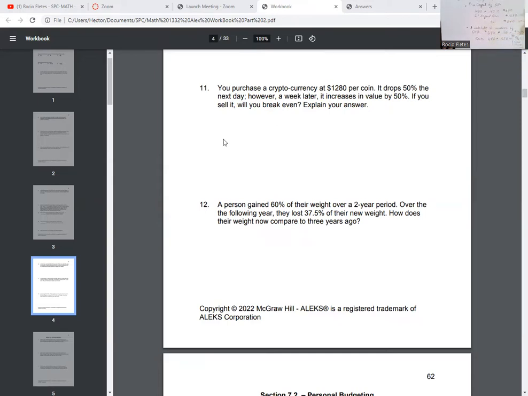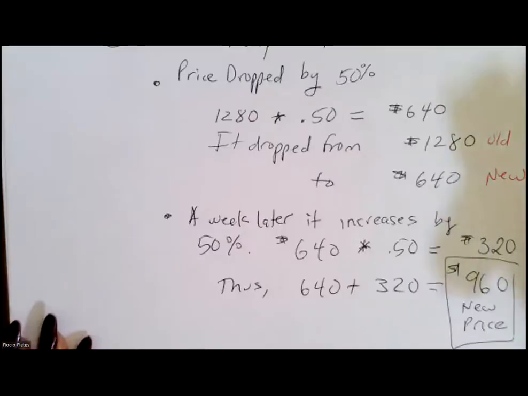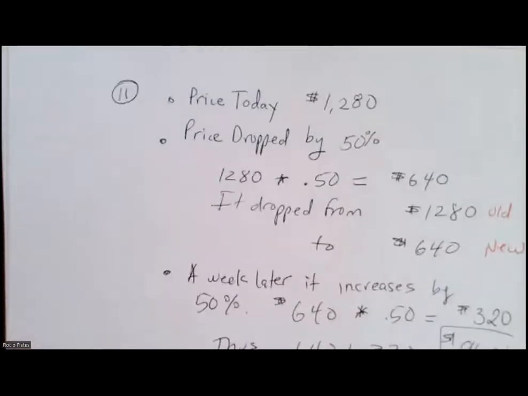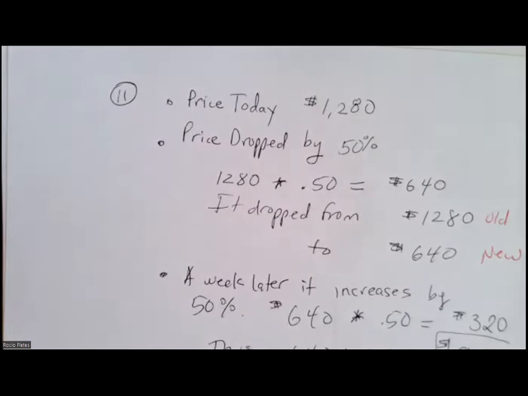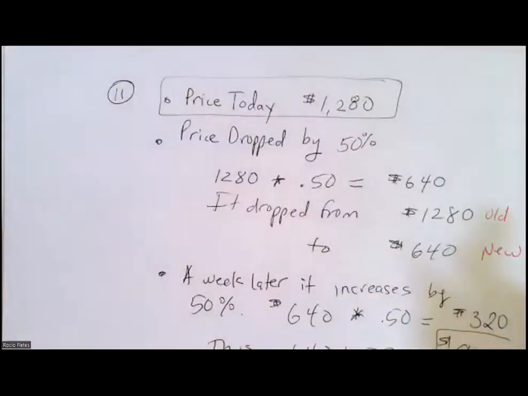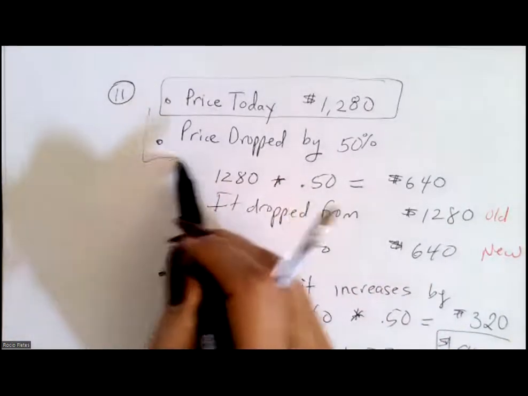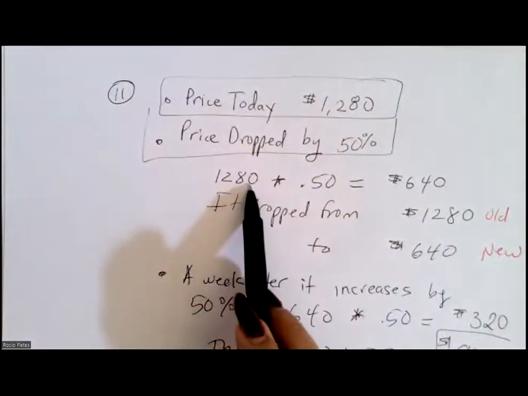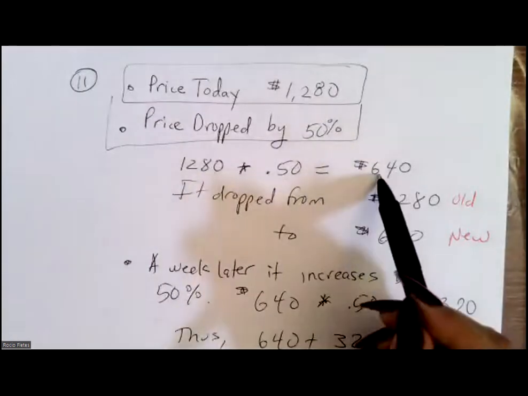Well, let me go ahead and stop sharing so I can show you what I have here. Let's go through the problem. Let's say that today you purchase cryptocurrency for 1280. Tomorrow it drops by 50%. So 1280 times 50% is 640.